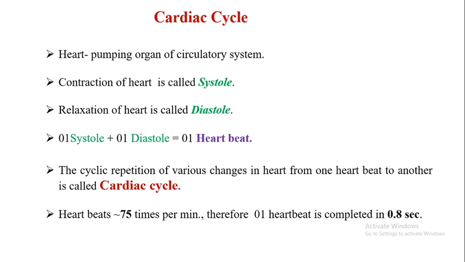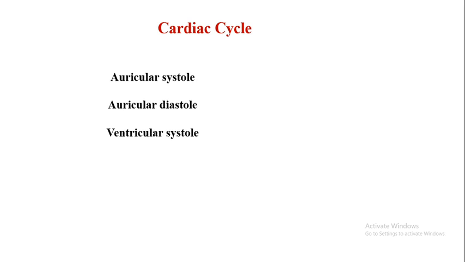This is an approximate time, but it is considered that one heartbeat is completed in 0.8 second. Now, cardiac cycle includes four major events: auricular systole, auricular diastole, ventricular systole and ventricular diastole.